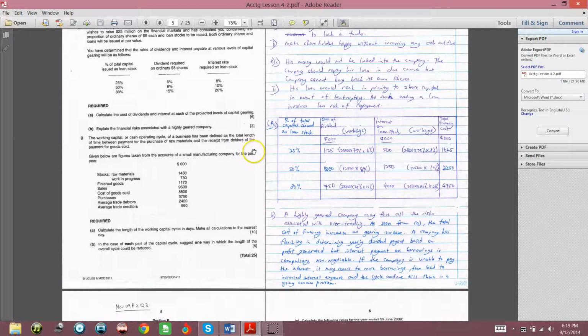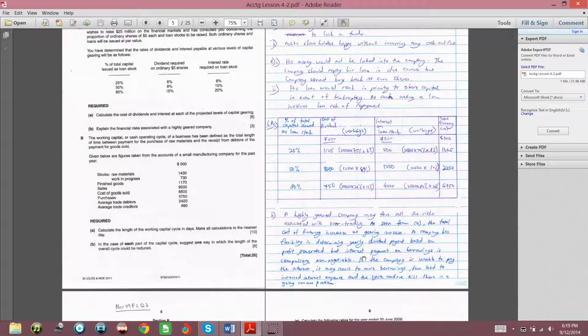Of course, you can answer in other ways. As seen in part A, the total cost of financing increases as gearing increases. A company has flexibility in determining yearly dividend payout based on profit generated. So that means for ordinary shareholders, if the company makes a loss, no dividend will be paid.